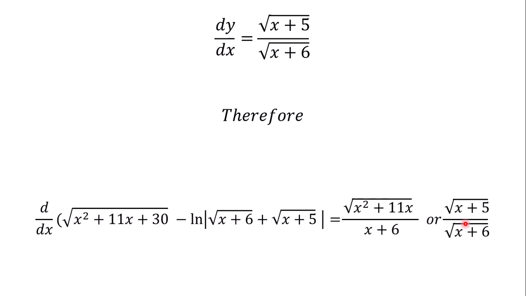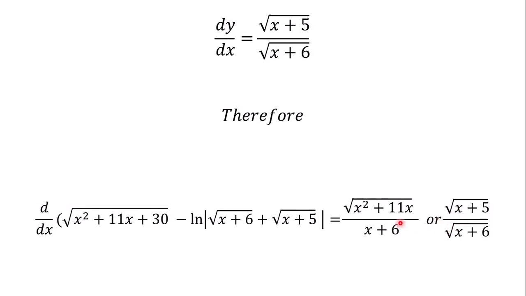So if you wish to get that one, you now know how to get it back. You know how to manipulate this one towards this one. When you rationalize it, you are just going to get this one, and when you manipulate this one further, this is also what you are going to get back.